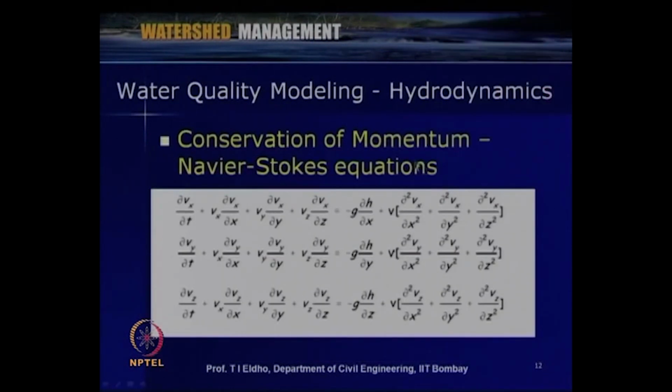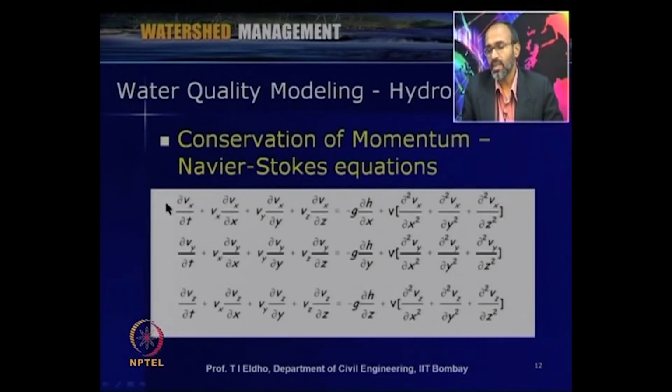Then the other type of equation which we have to generally solve is the equation based upon the conservation of momentum. Generally these equations are called Navier-Stokes equations. In 3 dimensions we can have governing equations in x, y, z directions. For example, the velocity components in x, y, z directions are represented as Vx, Vy and Vz, g is acceleration due to gravity, h is the flow depth, and nu is the kinematic viscosity.